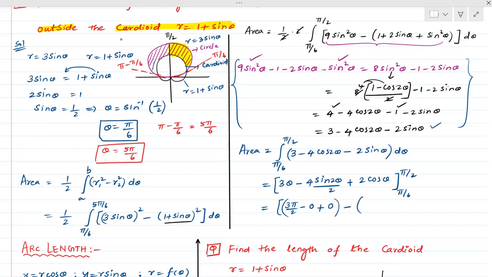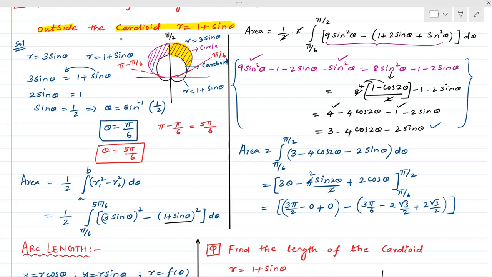which is 0, minus the lower limit. 3 pi over 6 minus, here if you substitute pi over 6, it gets cancelled here by 2, so you will get pi over 3, which is root 3 over 2, plus the next one, you will have root 3 over 2, plus 2 root 3 over 2.